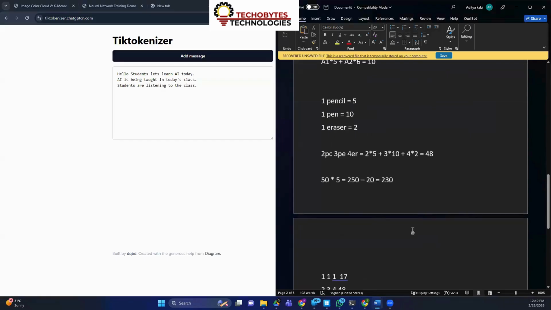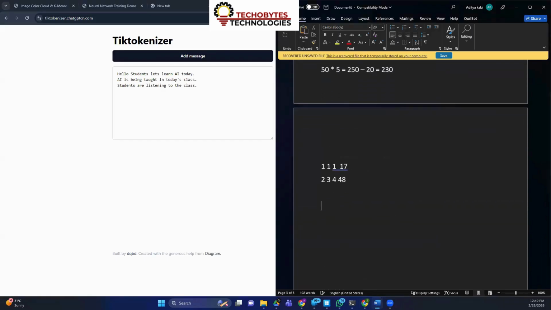So now I'm simply putting it this way: pencil equals PC, pen equals PN, and eraser equals ER. This is how I have started to describe it.